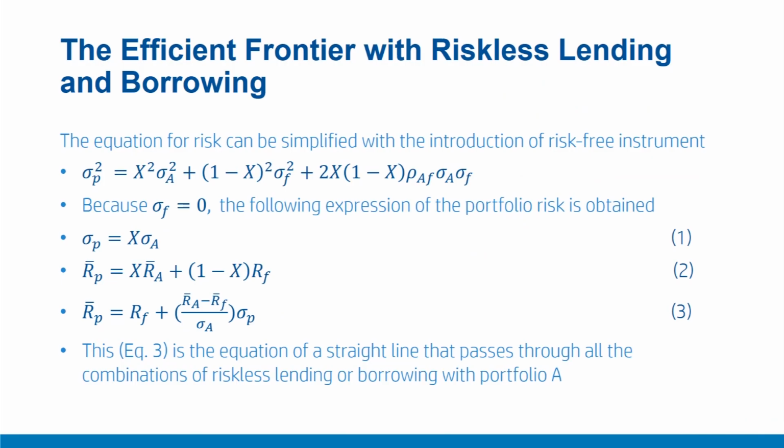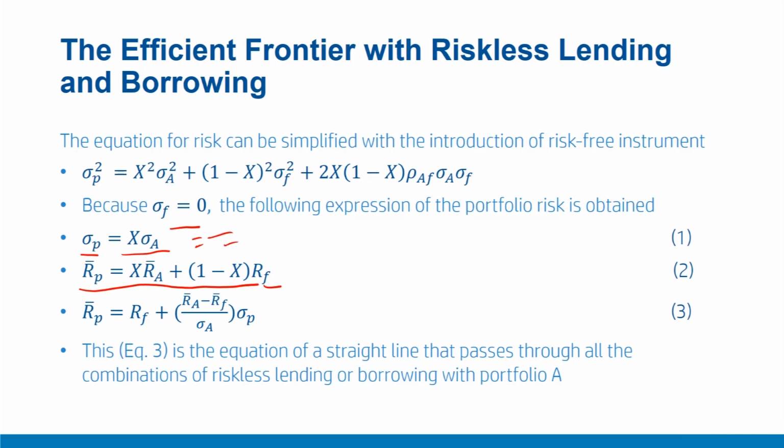Assuming that sigma f equal to 0, we are left with a very considerably simplified expression for the portfolio risk. Because of this introduction of the risk-free instrument, we have only this expression as the portfolio risk, sigma p equal to x sigma a. And we already know that RP can be described with this expression.